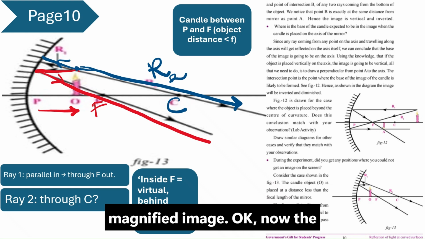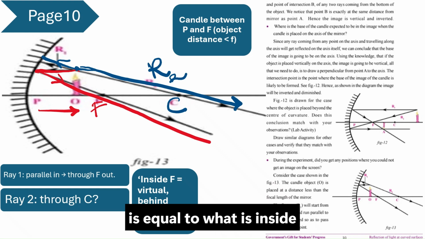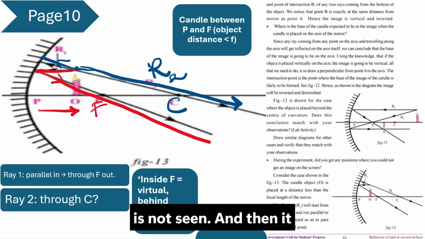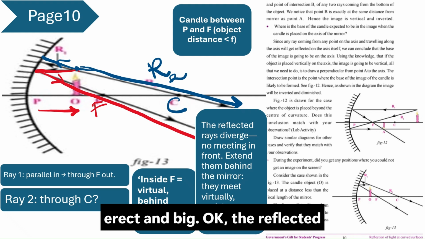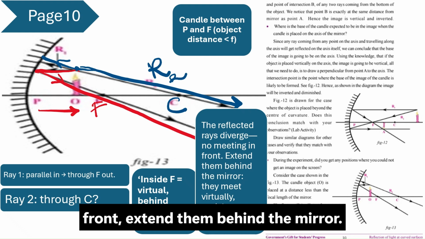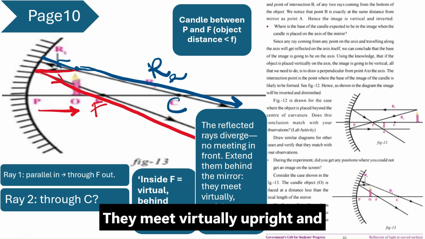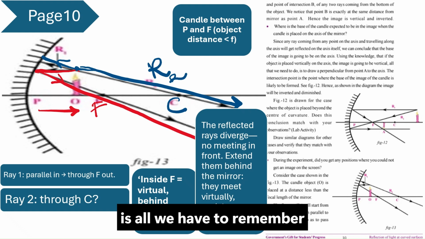The trick to remember is inside F, it is virtual because it is not seen, and it is behind the mirror, erect and big. This is all we have to remember, and it is clearly mentioned and labeled over here.